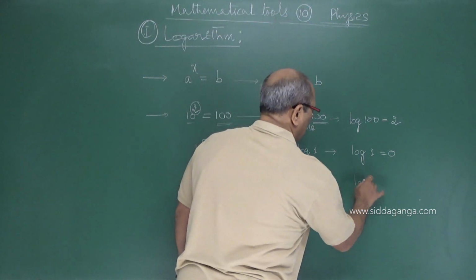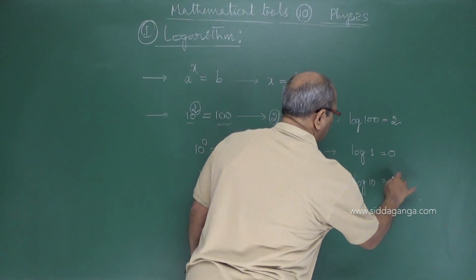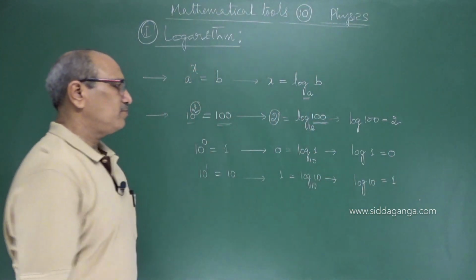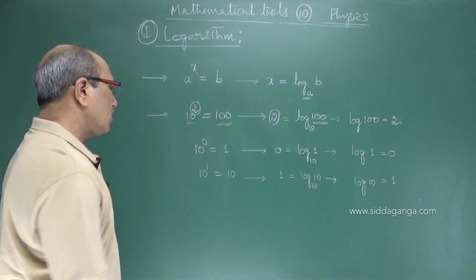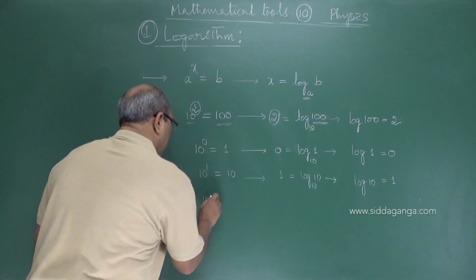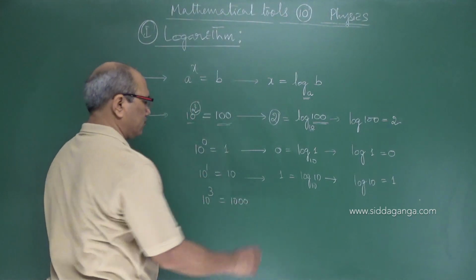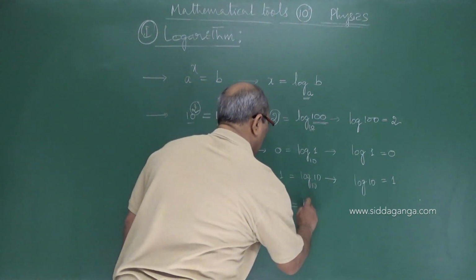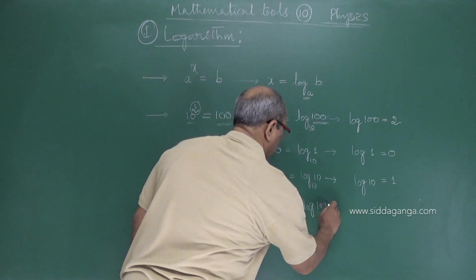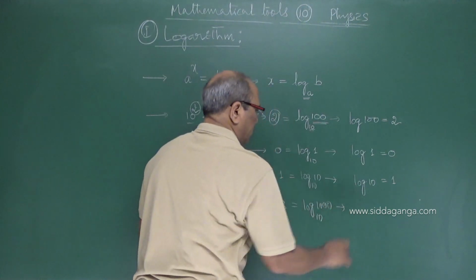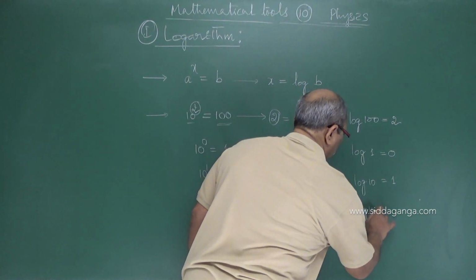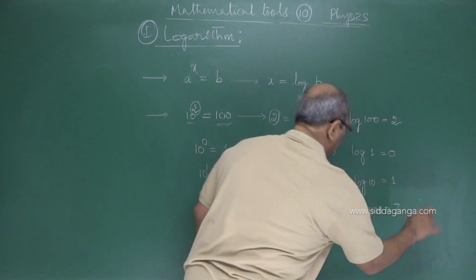That means log 10 can be written as 1. Let us go to 10 power 3 similarly. 10 power 3 is 1000. So 3 is equal to log of 1000 to the base 10. You are writing log of 1000 is equal to 3.